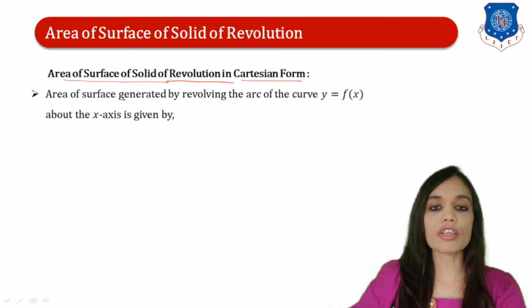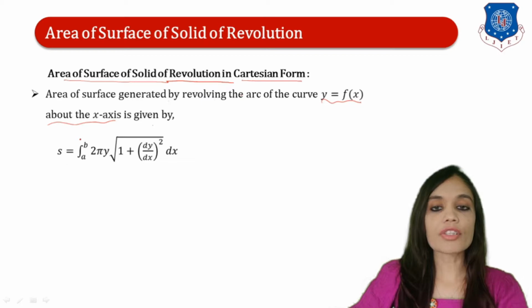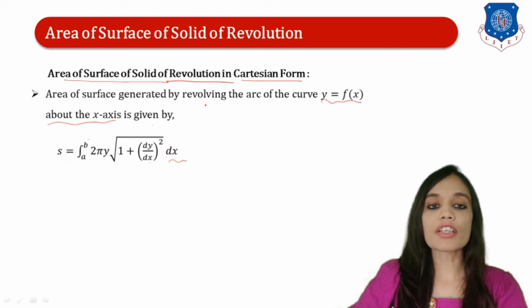So the area of the surface generated by revolving the arc of the curve y is equal to f of x about x-axis is given by s is equal to integration a to b 2 pi y square root of 1 plus (dy by dx) whole square dx, right? So this is the formula of the area of a surface generated by revolving the arc y is equal to f of x about x axis, right?